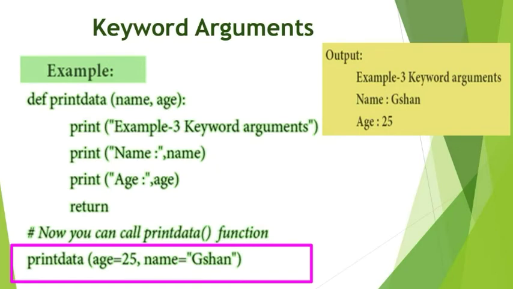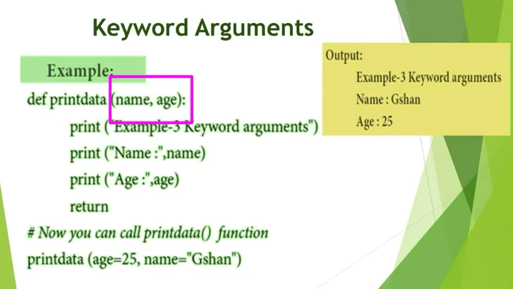In the function call we have given the arguments to those parameters, which means age is equal to 25, name is equal to Sean. See here the arguments are not given in proper order. See the function definition. Within the function definition we have given first name and next age, but in the calling function first age is given and next name is given.